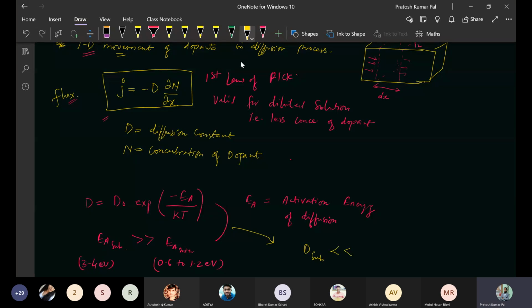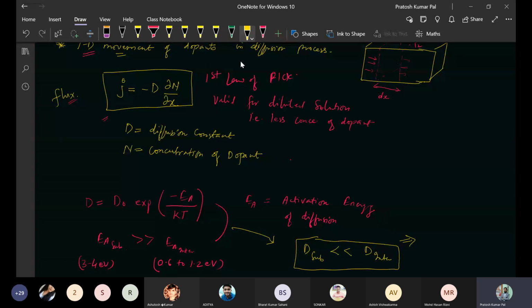So what does it indicate? It indicates that if there is a higher diffusion constant, as in interstitial type of diffusion, then there will be a higher flux, meaning more dopants passing through these planes.